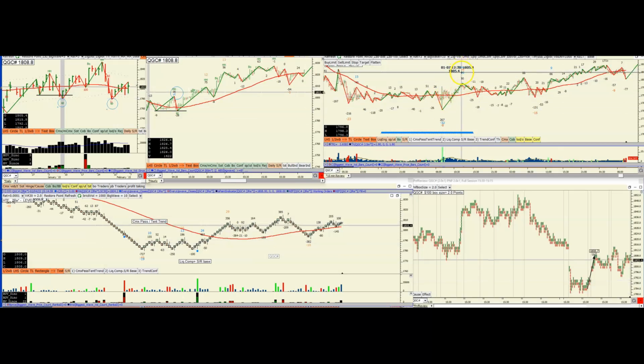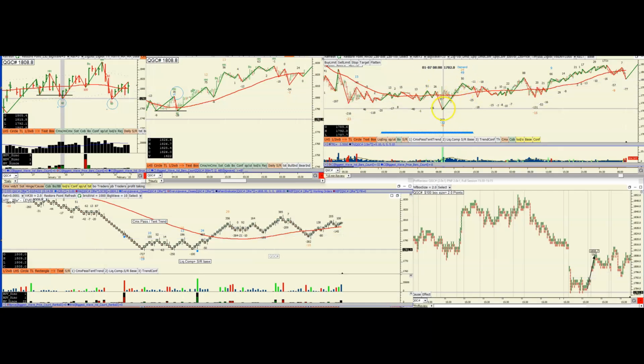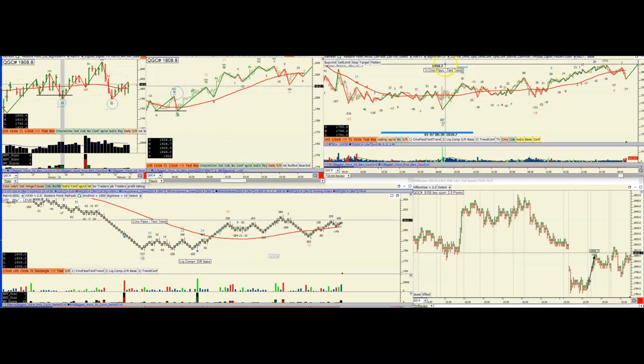So when you have that down-up action or up-down action with big volume and big moves up and down, that means the climax is passed and the trend is tentatively up.